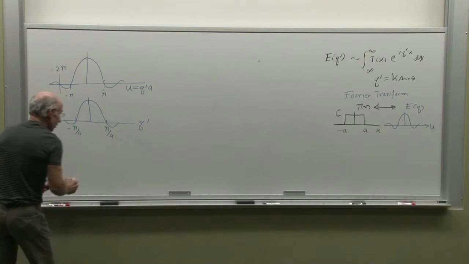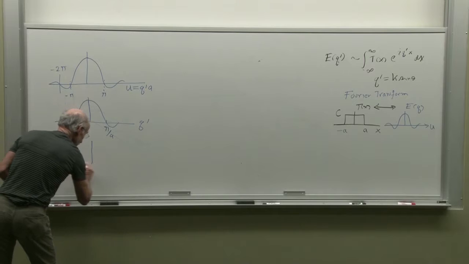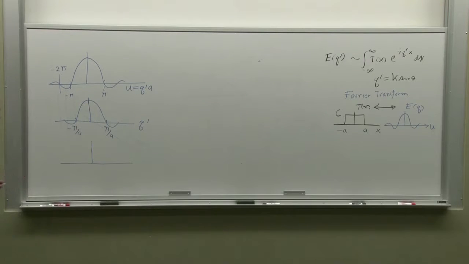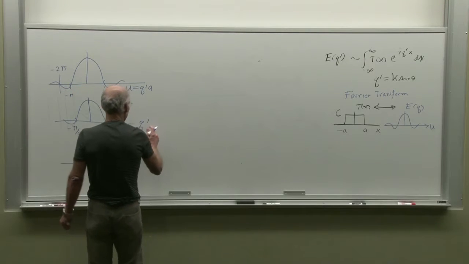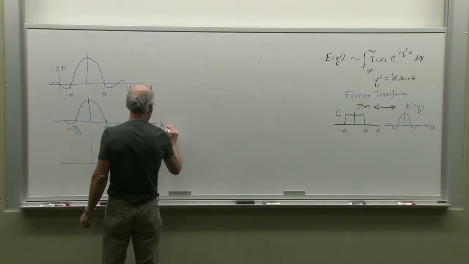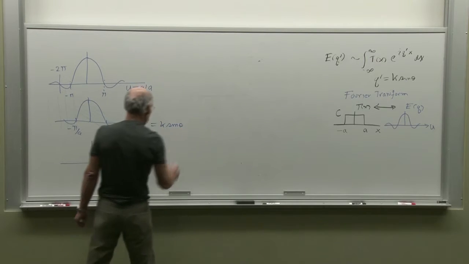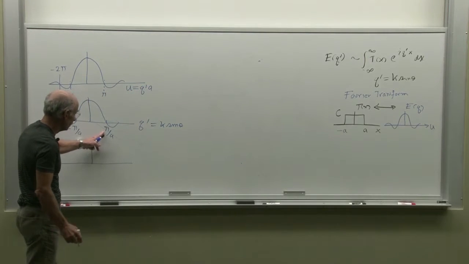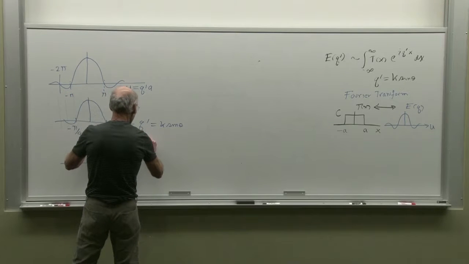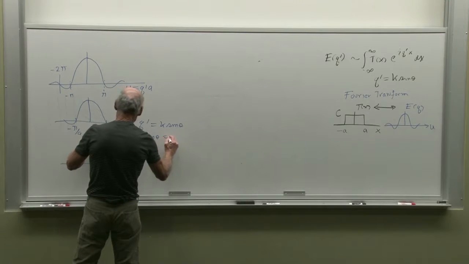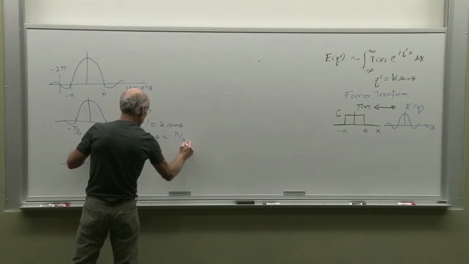If we're really dealing with an experiment and we're in the laboratory, we need to know the angle, right? So we ought to do that. Let's see, what was q prime? q prime is k sine theta. So the first minimum is when k sine theta equals pi over a.